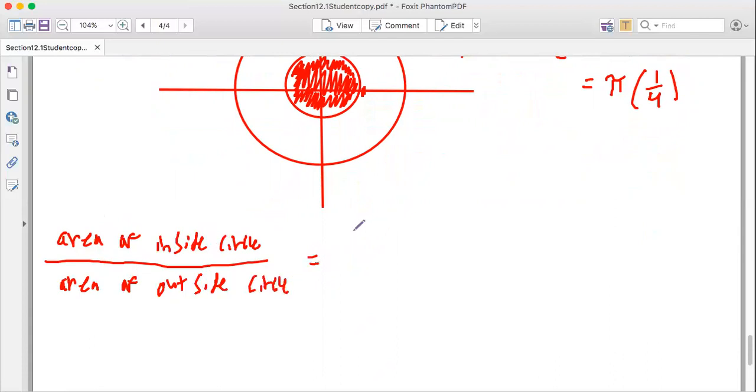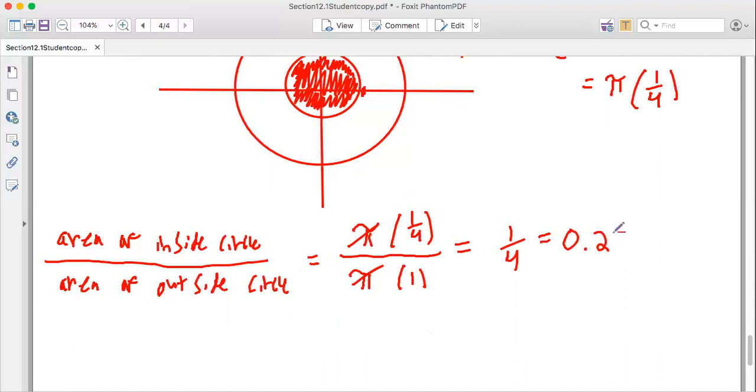Well, the inside circle, we found that was pi times 1/4, divided by the area of the outside circle, that was pi times 1, or just pi. And if I go ahead and divide these, notice pi divided by pi cancels. I'm left with 1/4 over 1, which is just 1/4, or as a decimal, that's 0.25.